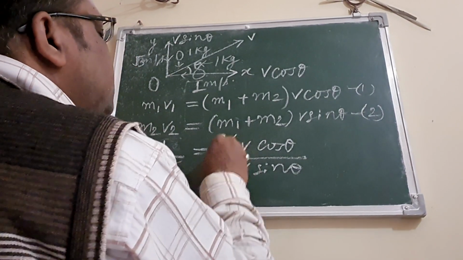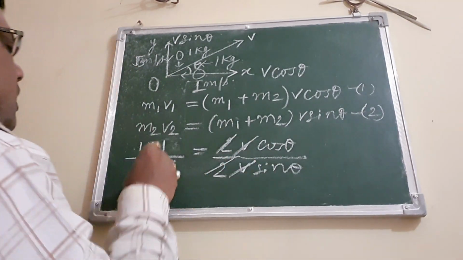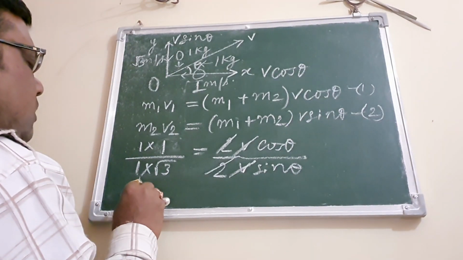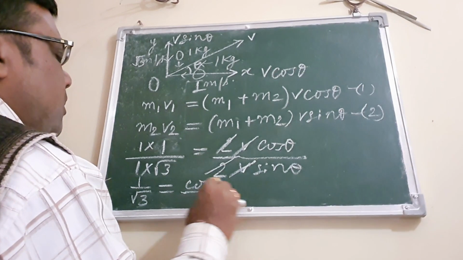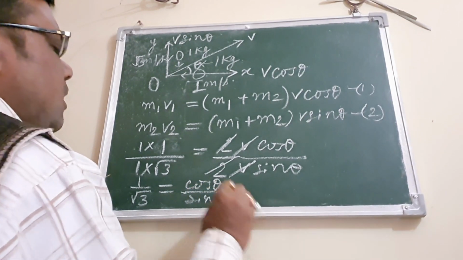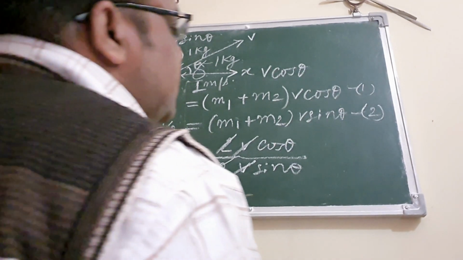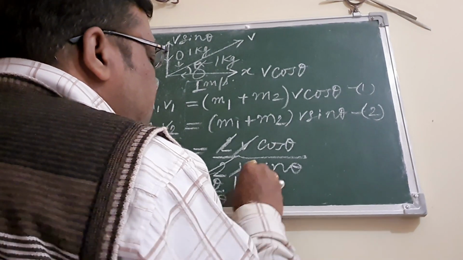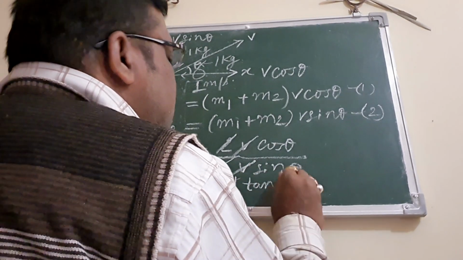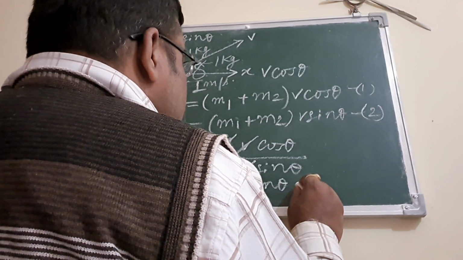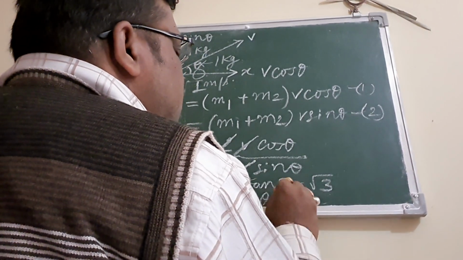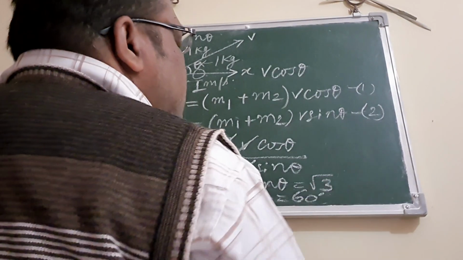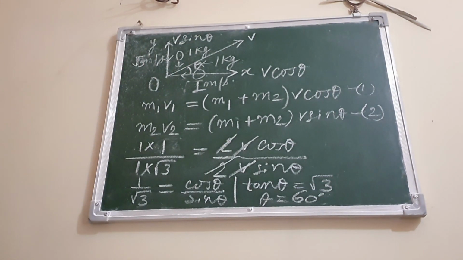It will get cancelled, and here it will be 1 upon root 3 and here cos theta upon sin theta. So tan theta is equal to root 3. So theta is equal to 60 degrees. So 60 degrees is theta.